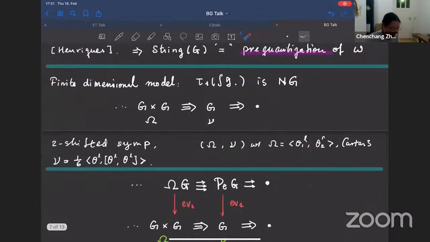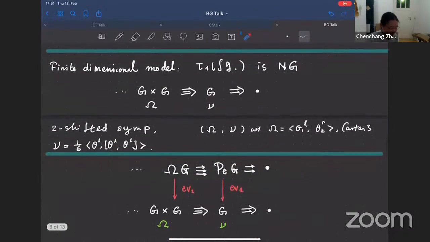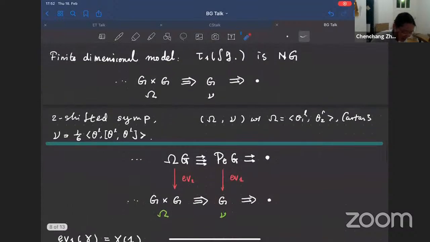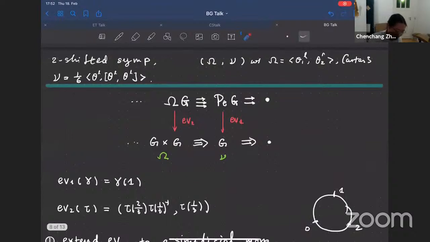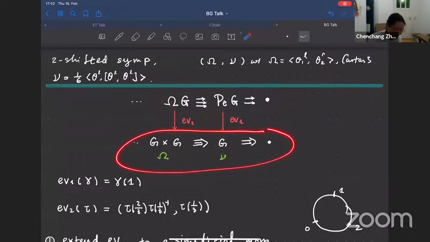Then let's have a look at the finite dimensional model. Let's recall that the finite dimensional model is two-shifted symplectic, and that was verified before. Let's try to build up the relation between them. I have this infinite dimensional model, and I have this finite dimensional model.